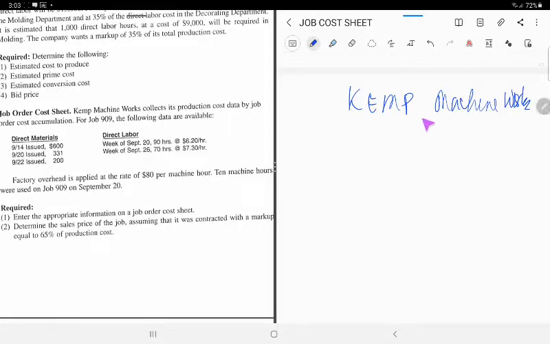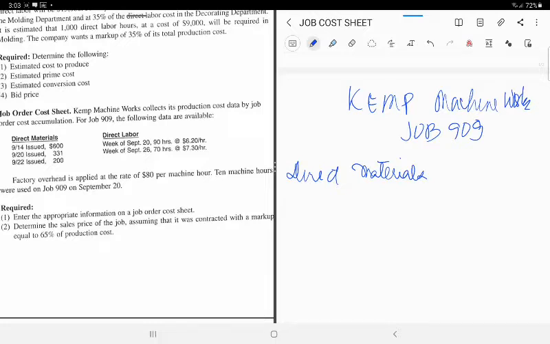This is for job 909. The other information I did not put in, we only have the job number, so that's all we'll put. And we start with the direct materials.